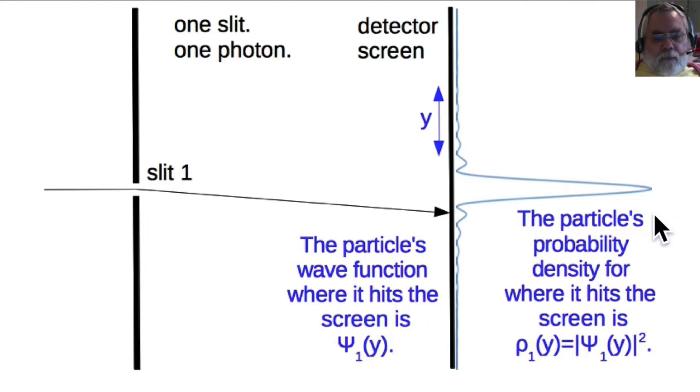It turns out that the particle's probability density for where it hits the screen is not psi, but the magnitude of psi 1 squared. That is the probability density. We will come to understand that more over time. For now, I just tell you that quantum mechanics has to distinguish between a wave function and a probability density.